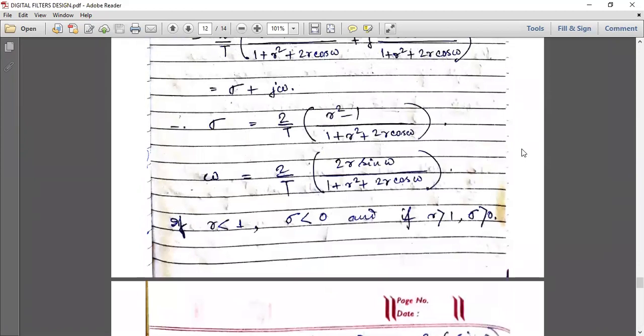Sigma will be equal to 0, but ohm, this equation, will it be equal to 0? No, it will be equal to 2 sin omega by 2 plus 2 cos omega. That is sin omega by (1 plus cos omega). You see?